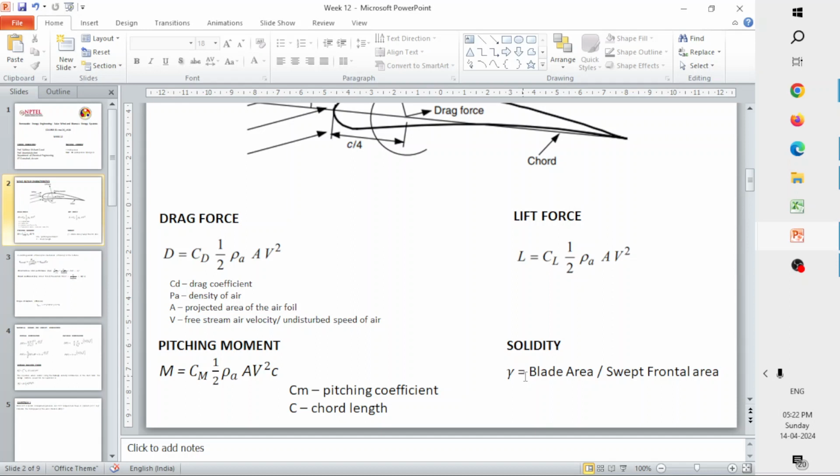When your windmill is rotating, the blades rotate, and the area covered by the blades of your rotor is called the swept frontal area, or in simpler terms, the swept area of the rotor. This swept area is different for different types of turbines.